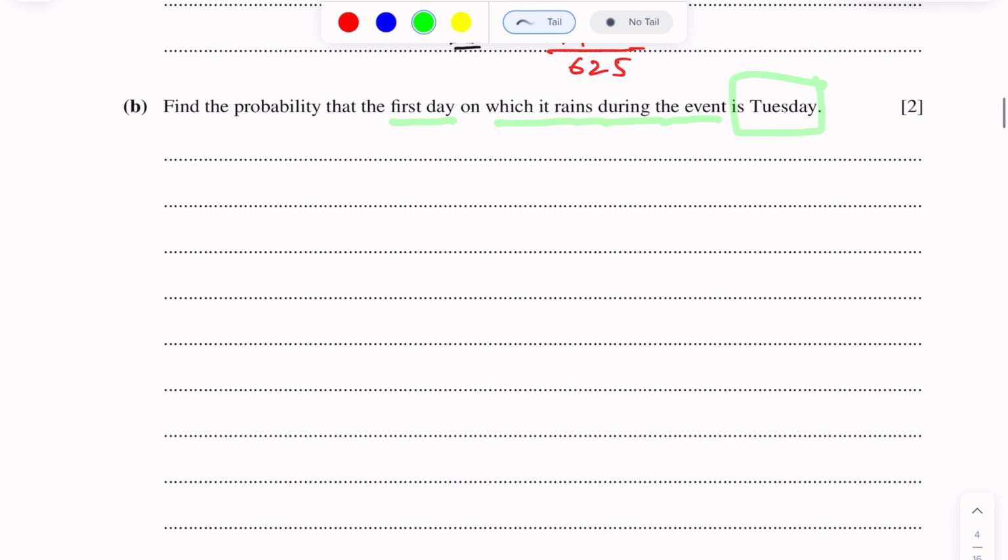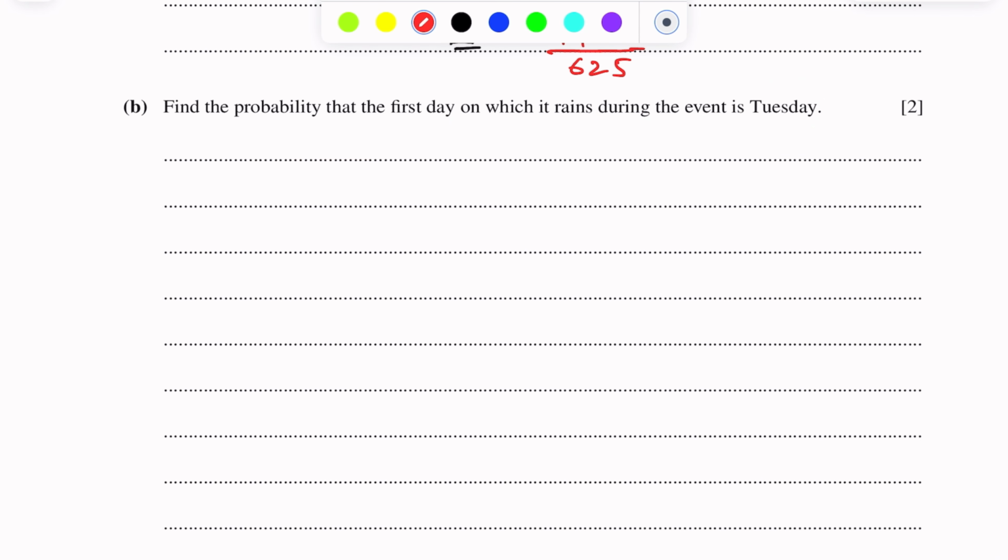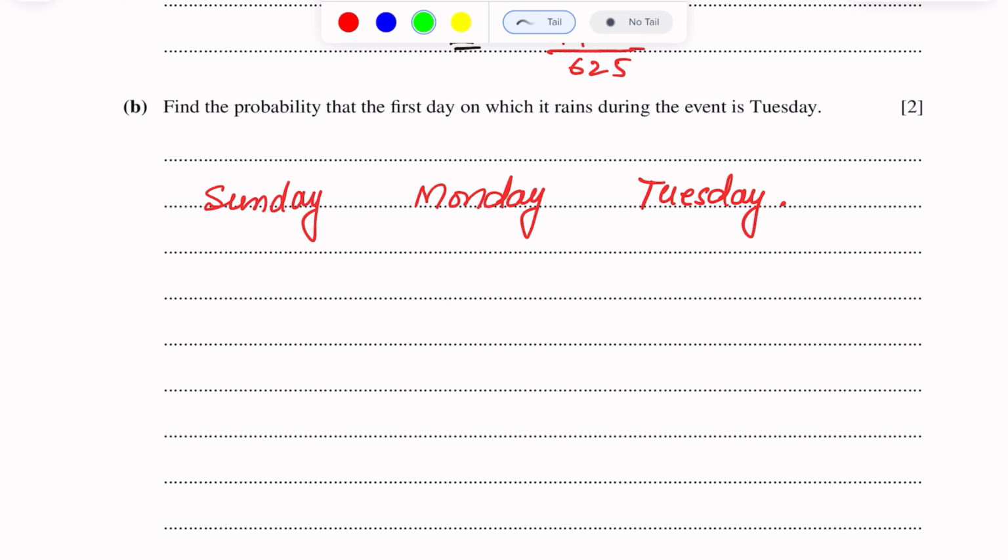So we are writing here Sunday, then Monday, then Tuesday. We have to find the probability that the first day on which it rains during the event is Tuesday: Tuesday raining, Monday not raining, Sunday not raining.